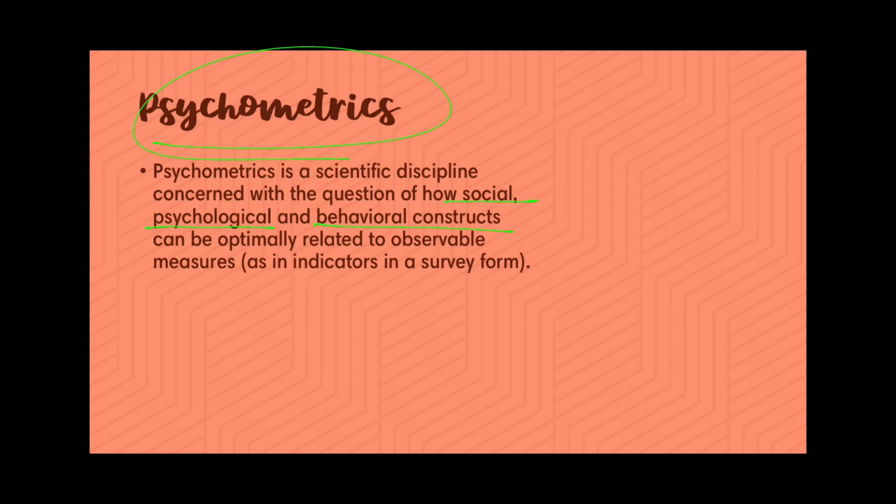This is usually done by relating it to observable measures such as indicators in a survey form that we see in certain Likert scales.